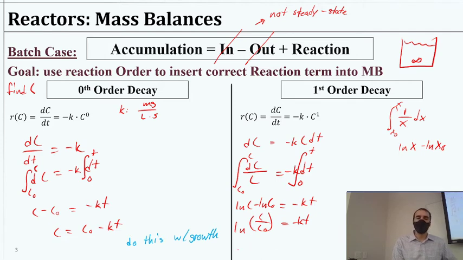So we take e to the power of both sides to get rid of that, and we're left with c over c naught equals e to the minus kt, and you could rewrite that as c equals c naught times e to the minus kt.